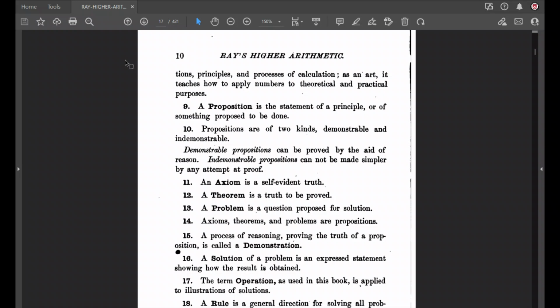Propositions are of two kinds. Demonstrable. You remember this or no? Demonstrable propositions and indemonstrable. Two kinds of proposition. Demonstrable, able to be demonstrated.